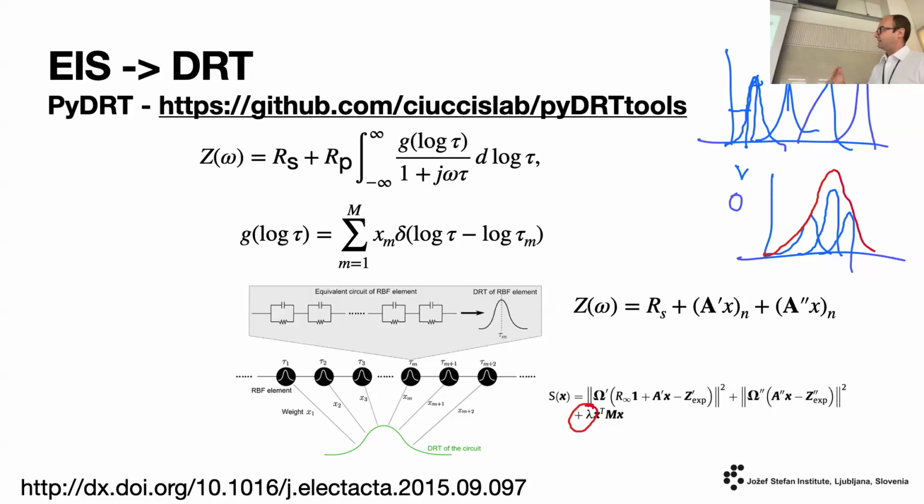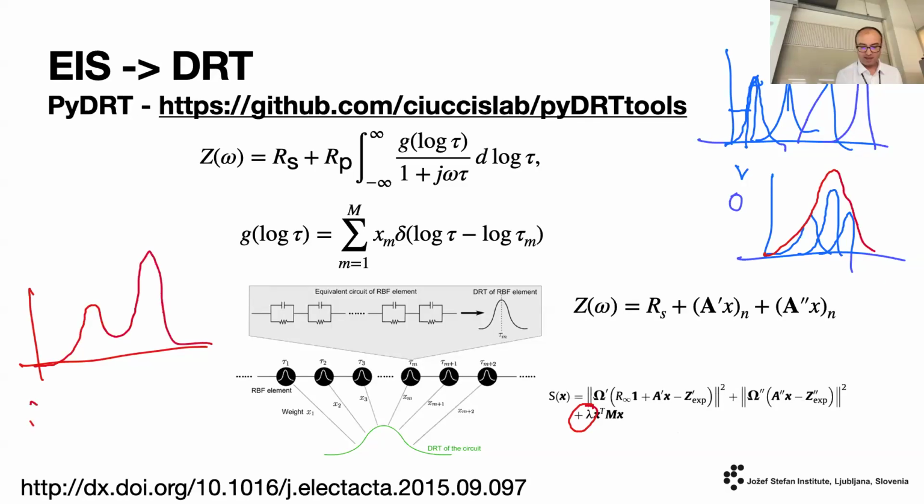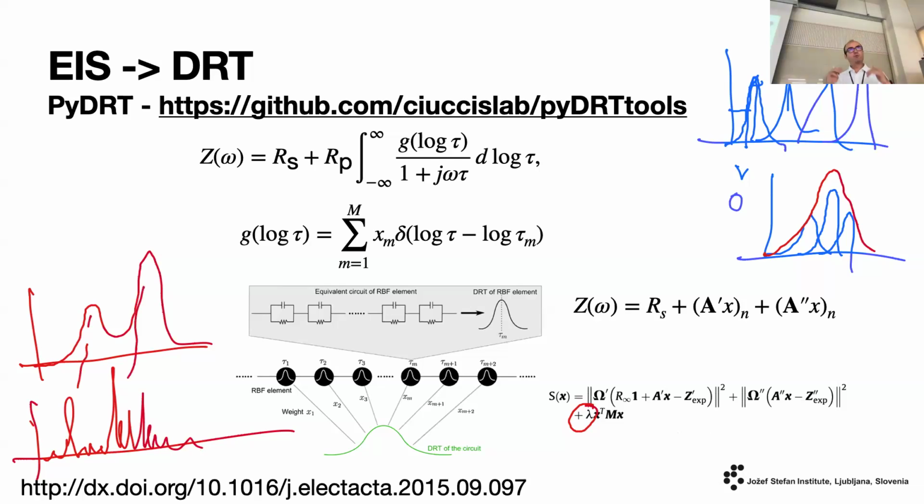It penalizes a solution that has a lot of spurious peaks, because we would like to have a DRT curve like this and not a DRT curve like this, although maybe this corresponds to this. We would like to have smooth curves. That's why you have to choose this value lambda.